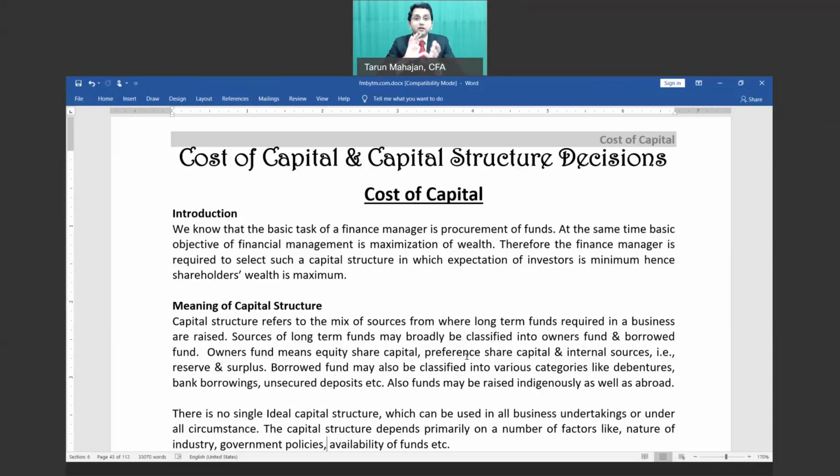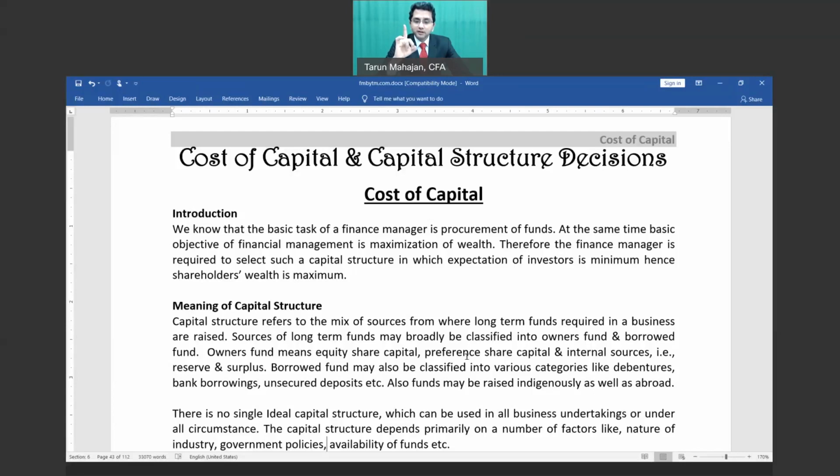Rather than make a mix of various sources of finance, you will have some control, your risk will remain within limits, and the most important thing which decides your capital structure is the cost of capital. That is, the sources from where I will raise funds should actually be cheaper sources of finance.